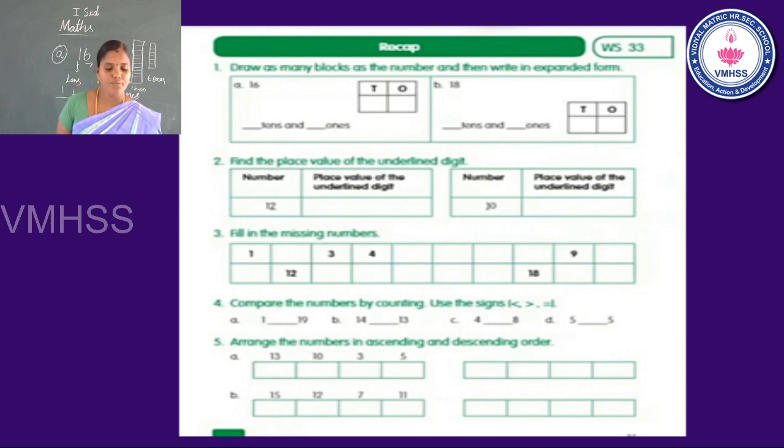Now, next one. Find the place value of the underlined digit. First number 12. Place value of the underlined digit 2. Students, look at the slide now. 12.